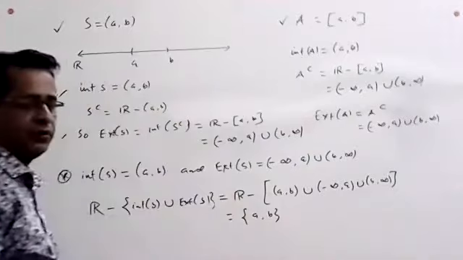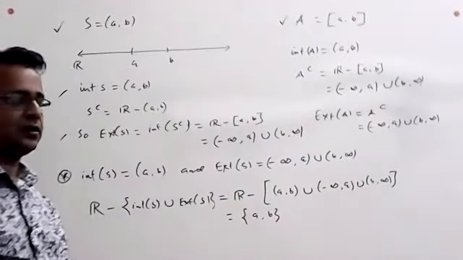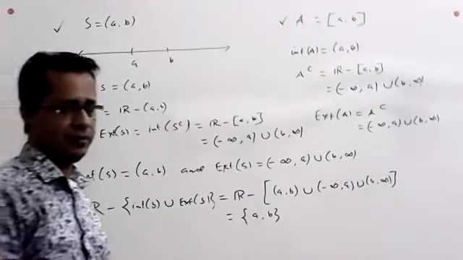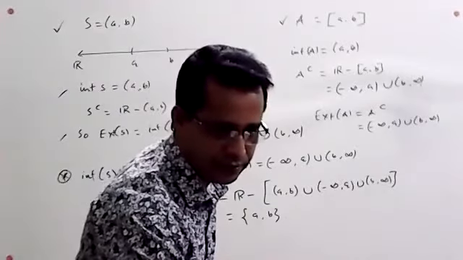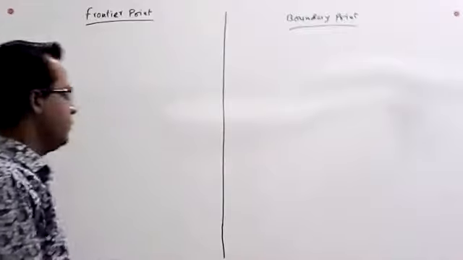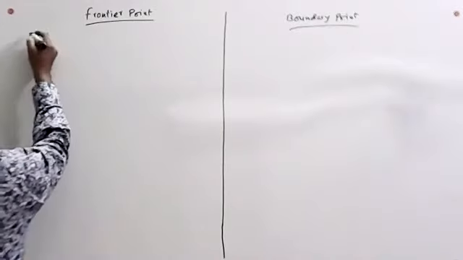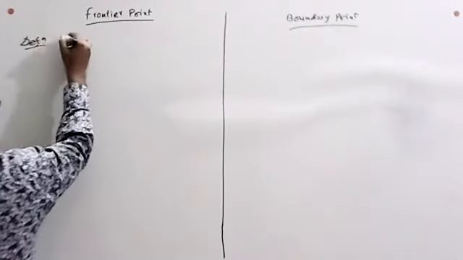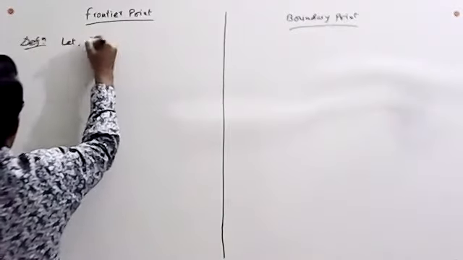So now we are going to discuss frontier point and boundary point. The definition of frontier point: let S be a subset of real numbers.